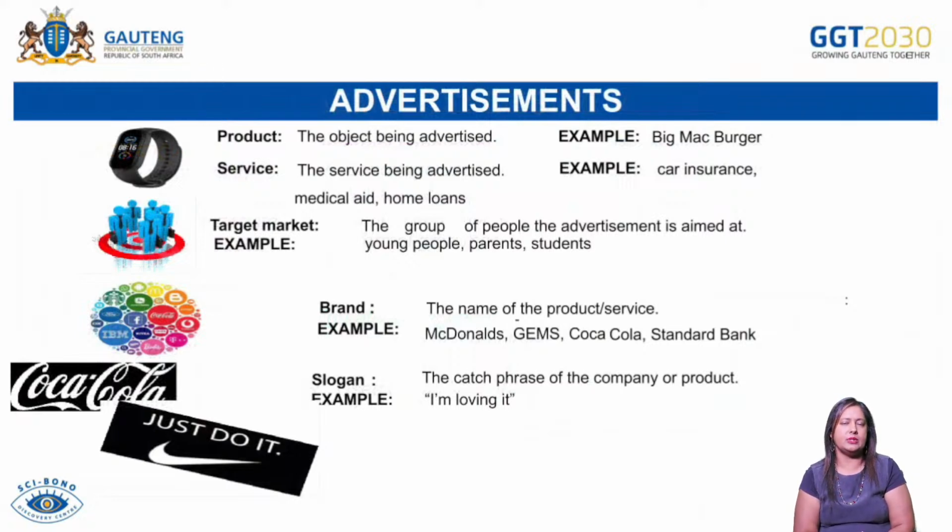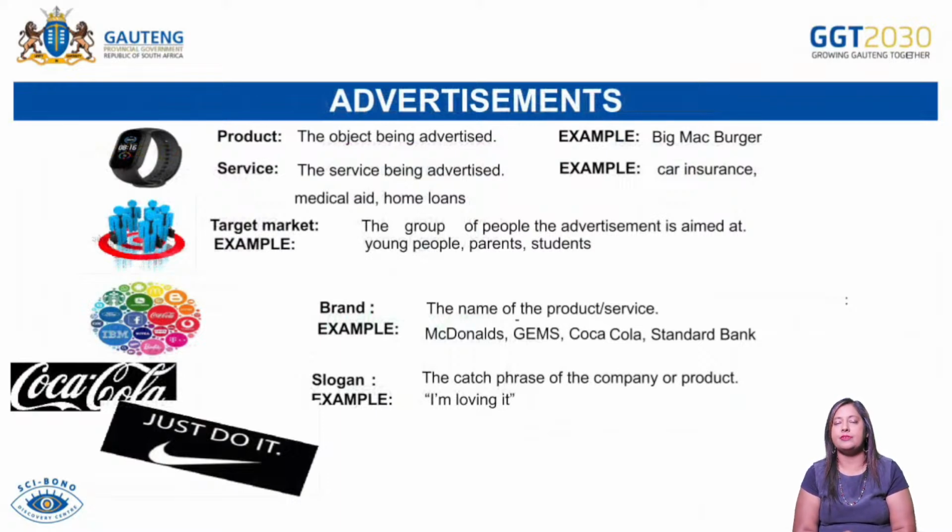Now, when you're dealing with the adverts, please go over what a product is, what a service is. Go over the concept of the target audience. Who is the target audience is very important because the content will not be relevant to every single person in the world. There will be a particular reason or a group of people that a writer is targeting.